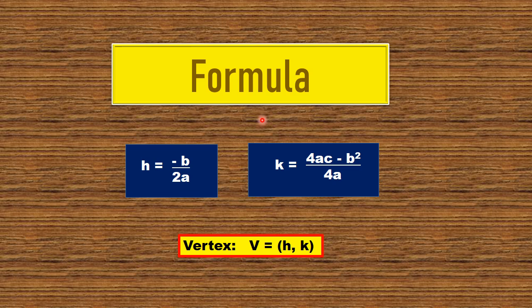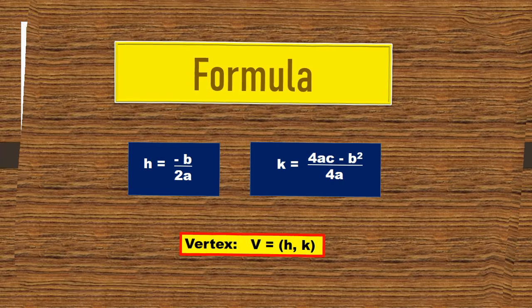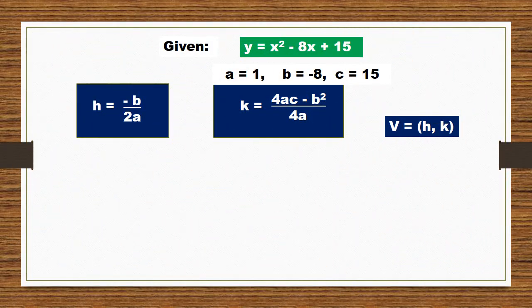Using the formula, h equals negative b over 2a. K equals 4ac minus b squared over 4a. Same given equation.